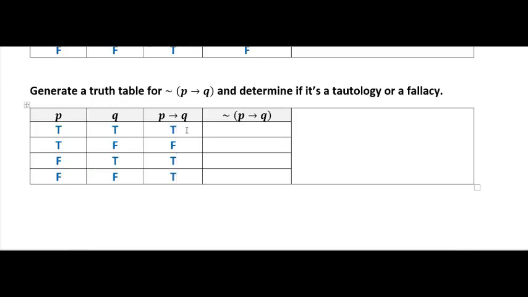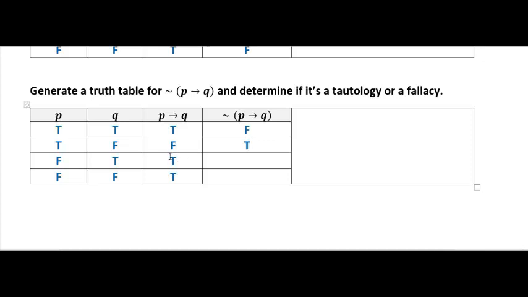Once I have this one, I'm going to look for the negation. And remember, the negation is basically changing the truth value or the sign. So instead of true, I'm going to put false. Instead of false in this one, I'm going to put true.